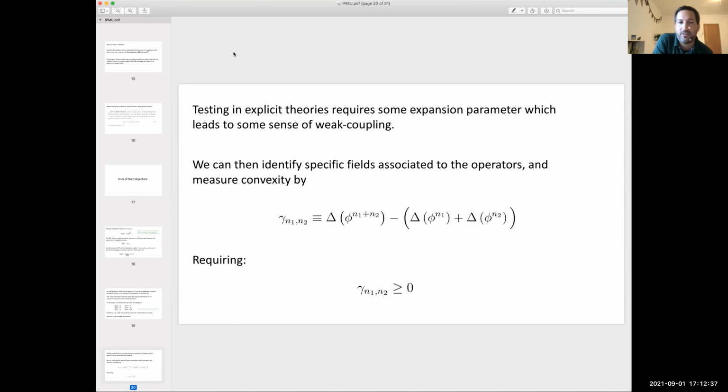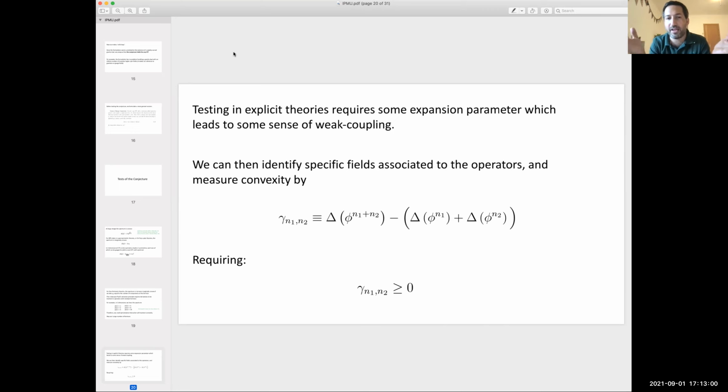If we now try to look at testing explicit theories, so specific theories, typically that means we have some parameter by which we can control the theory. And if we have some parameter, then there is some sense of weak coupling, whether it be large N or perturbative couplings. And then we can really assign specific operators to the charges.